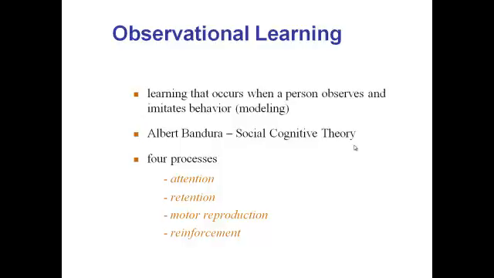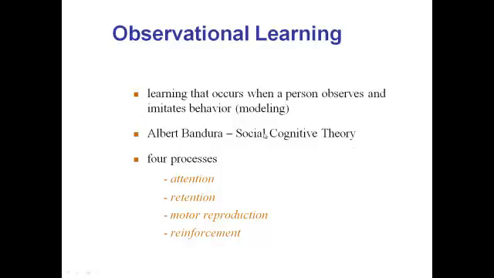When we've been talking about classical conditioning and operant conditioning, we've been strictly talking about behavior that is observable. With observational learning, there's a lot that's going on in terms of you processing the information visually that is not directly observable. So this is kind of in the realm of cognitive learning here.